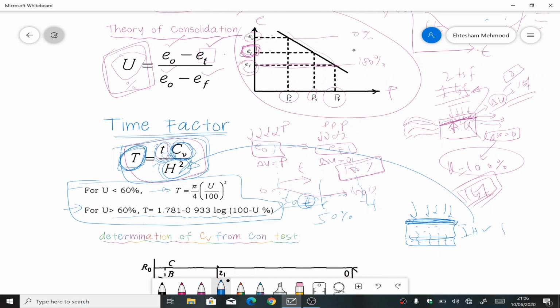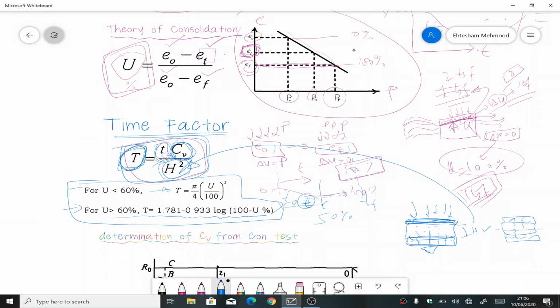On the contrary, if we have a soil specimen with porous stone on the top and the bottom, water would be able to move in both directions. In the previous example, water could only move in one direction because we had a permeable layer on the bottom side only.